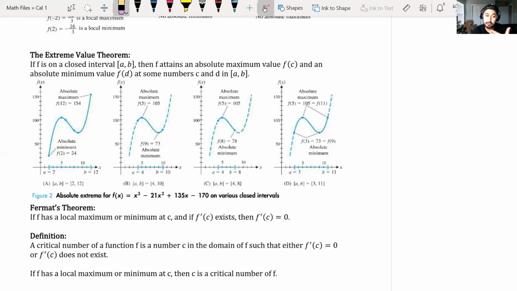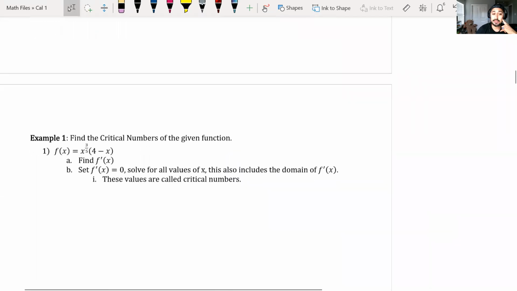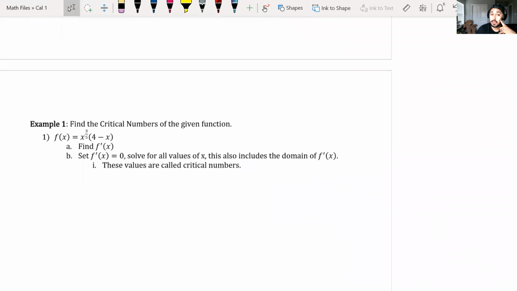So only one addition will come when we use the extreme value theorem. Local absolute maximums and minimums on a closed interval will happen at critical numbers and/or at endpoints, but we'll get there. For now, all we want to do is practice finding critical numbers.